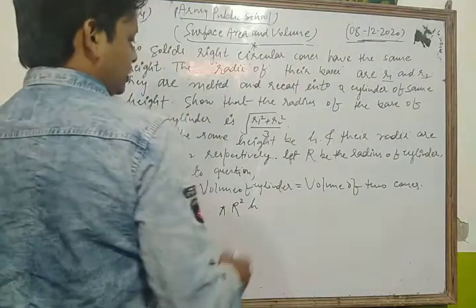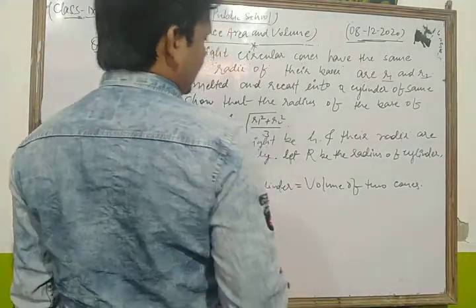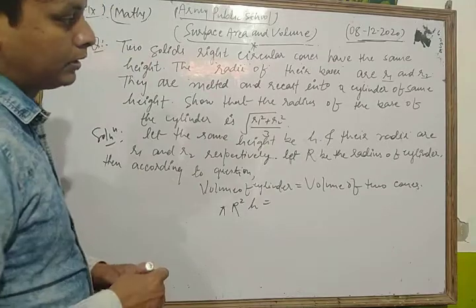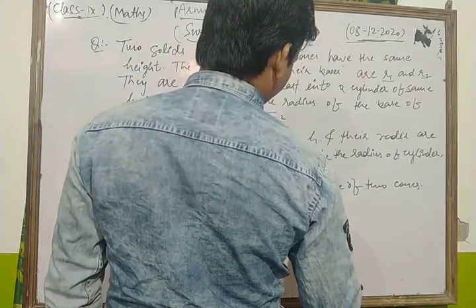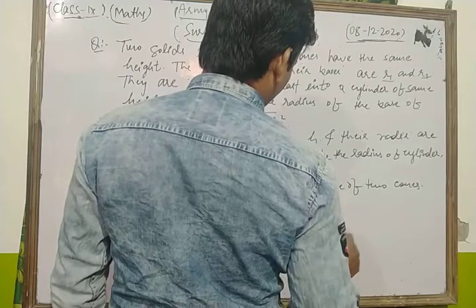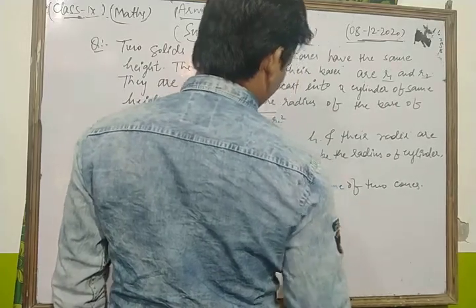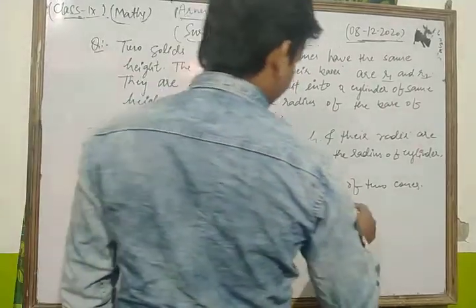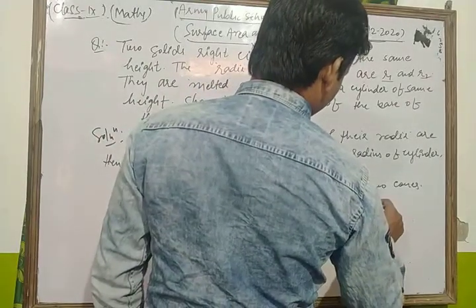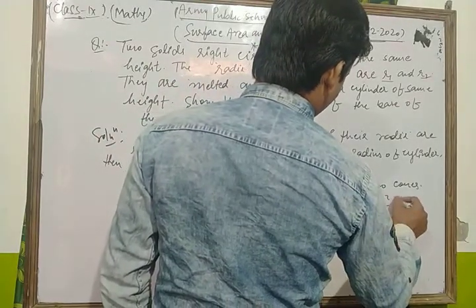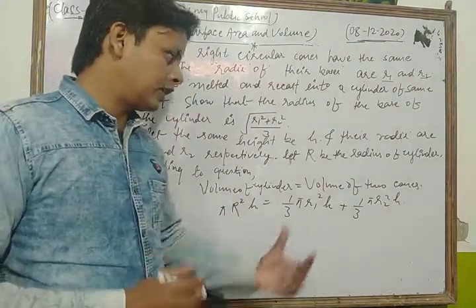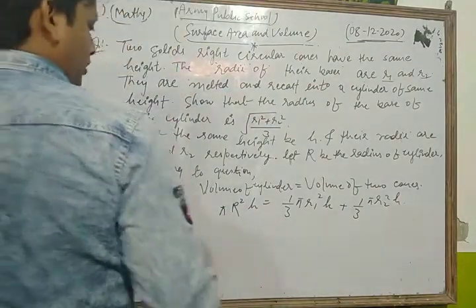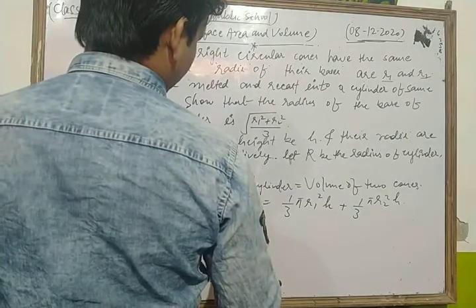So pi R square h is equal to the volume of two cones, and the volume of one cone is 1 by 3 pi r square h. So 1 by 3 pi R1 square into h plus 1 by 3 pi R2 square into h. Now we put the formula for cylinder as well as cones. Now from here we get pi R square into h.